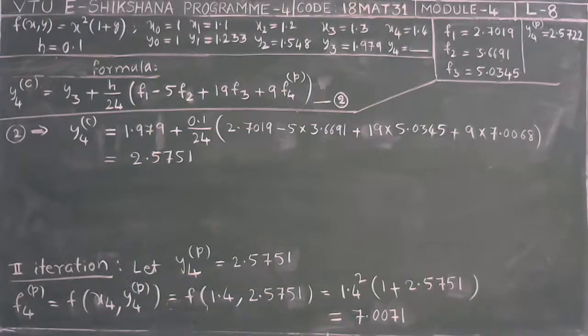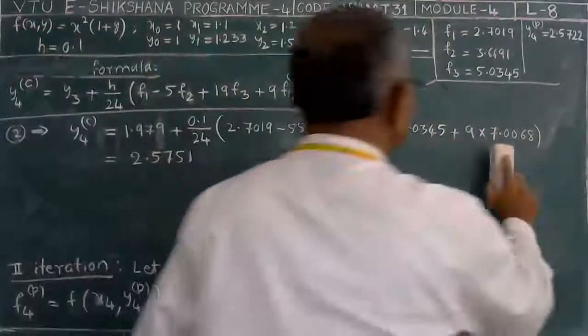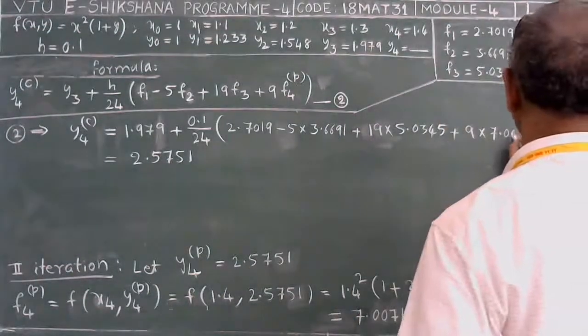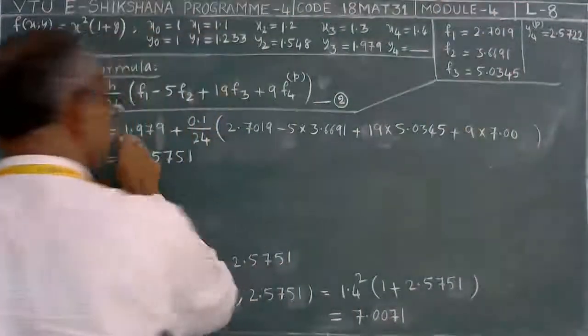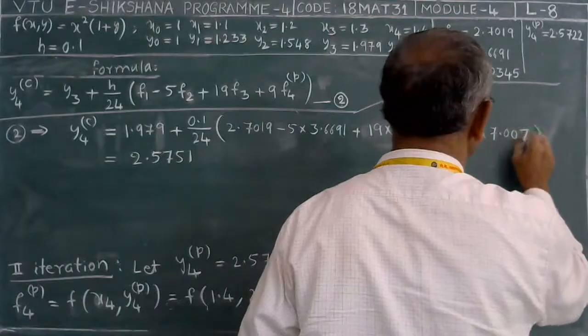Then equation 2 implies everything is the same, only f4p changes here: 7.007.